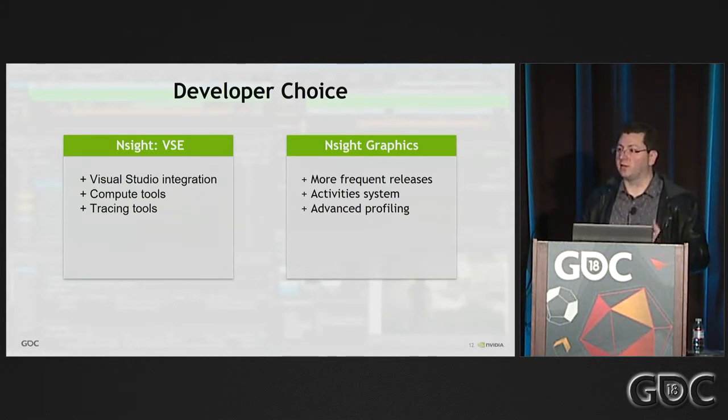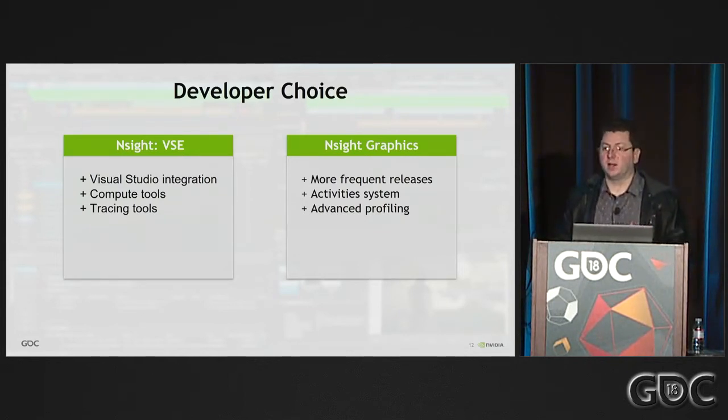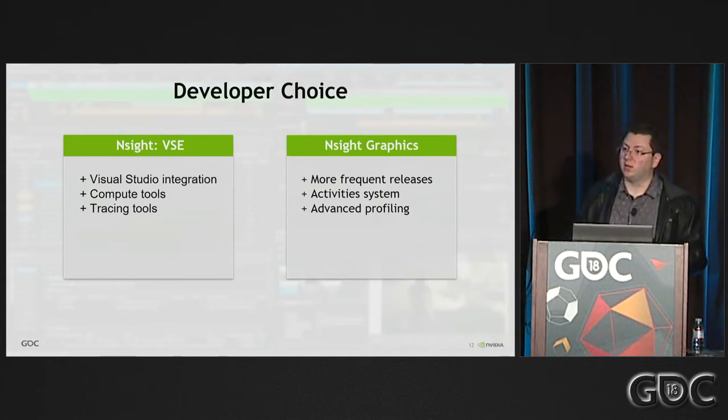There's updates coming out that are going to include a lot of great functionality that's also going to exist in Insight Graphics. With Insight Graphics, we're looking to improve upon the model that we built and have more frequent releases so that you guys can see the new features and fixes quicker. Developers talk to us often about issues they're encountering. We're really quick to get on top of that and provide those fixes.